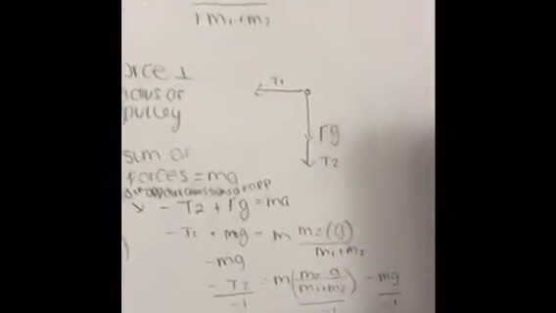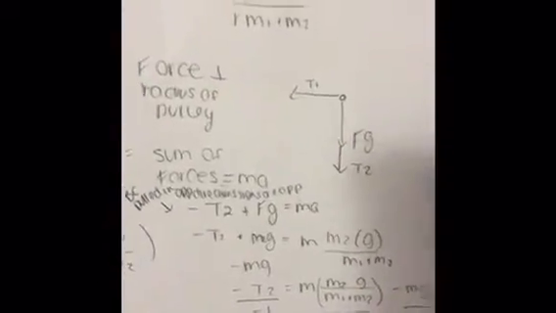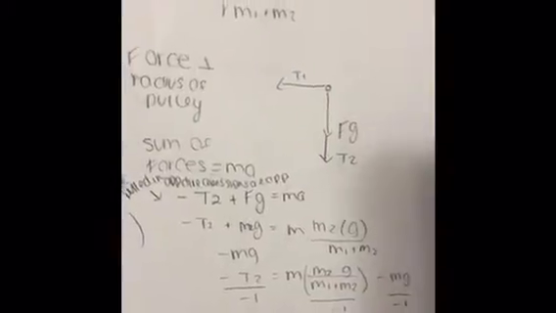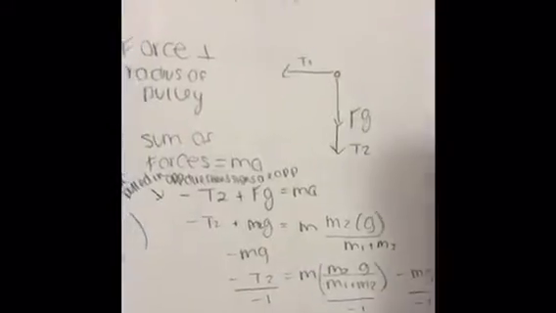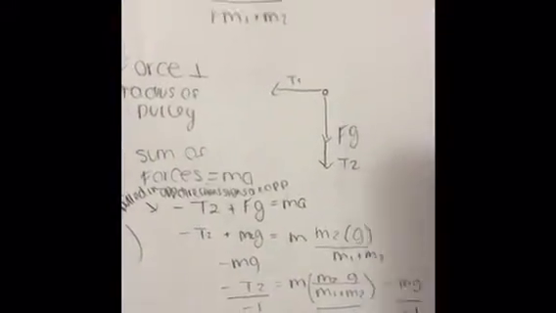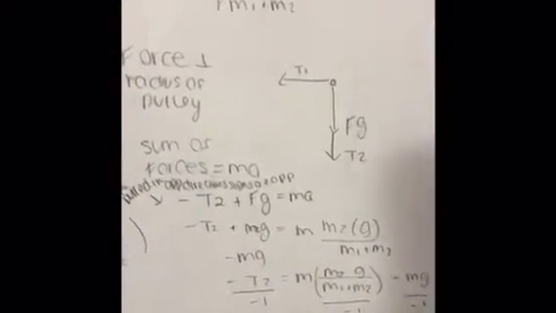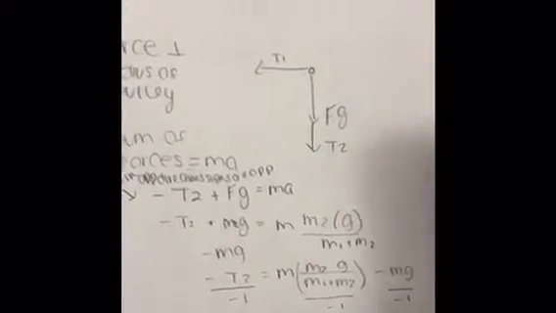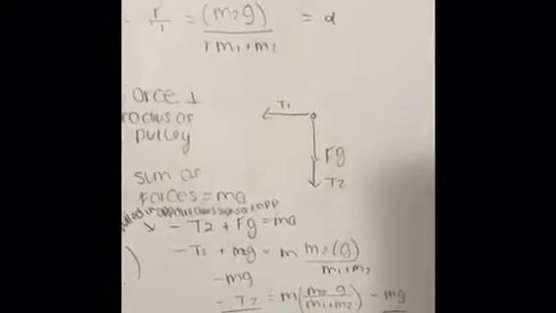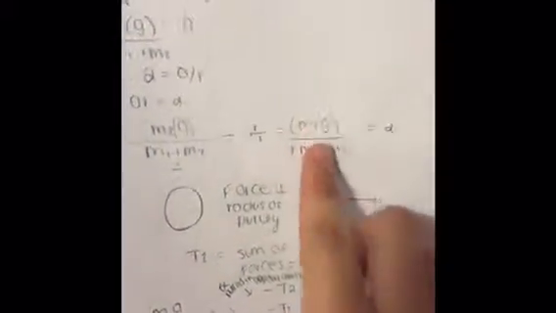So negative T2 plus Fg is going to equal ma, because those are the forces acting on the pulley. So negative T2 plus Mg is going to equal M2 times m2g divided by m1 plus m2, and that's what we solved for earlier.